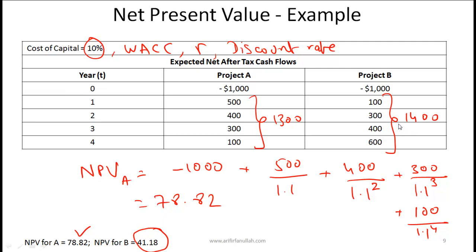But the big difference is that in project A, you are getting your money back faster, and the present value of money back faster is obviously higher, versus in project B, you are recouping your investment towards the end. So even though the project has a positive NPV, the NPV of project B is lower because of the difference in timing of cash flows. This is an important point, and I will come back to this later.